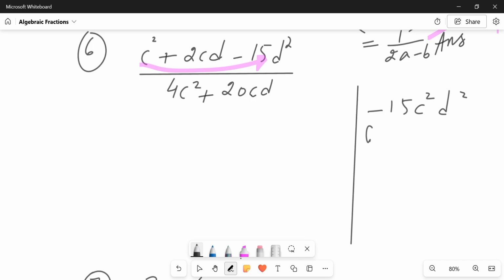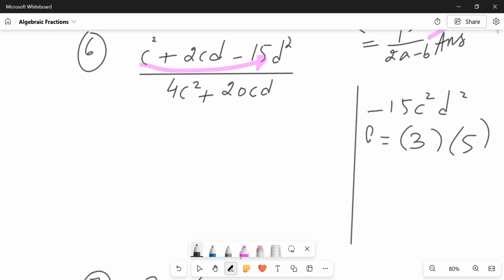Now, we need a product. When we multiply, we'll get 15, but when we do the fraction, we'll get 2. So do you think 3 into 5? Yes, 3 and 5. When we multiply, we'll get 15. Okay, and now the problem, the sign. We need plus minus from minus plus. We will take the bigger number's sign.